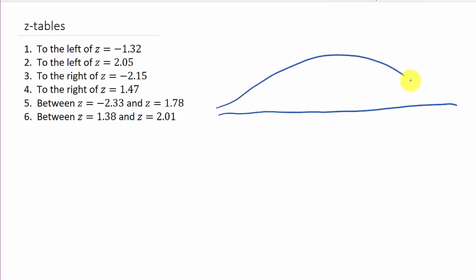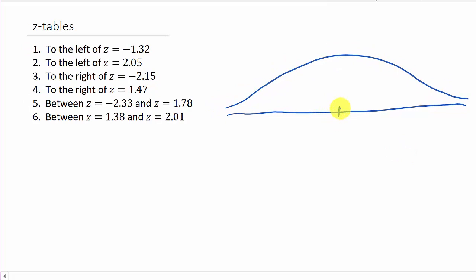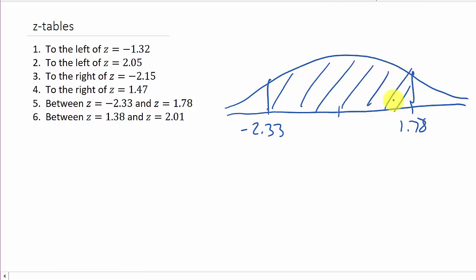Let's do the area between negative 2.33 and 1.78. So I'm looking for this area right here. Since the table only gives us the area back to the mean, we have to split it up. Looking up 1.78 gives me this area, and looking up the positive 2.33 gives me this area right here.